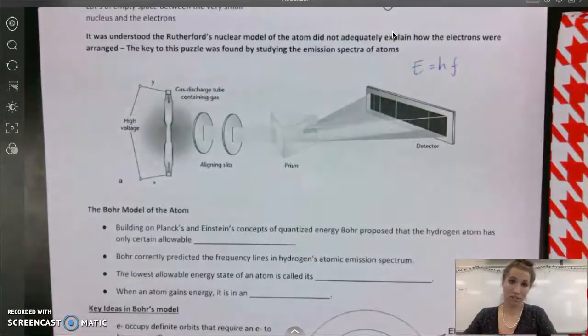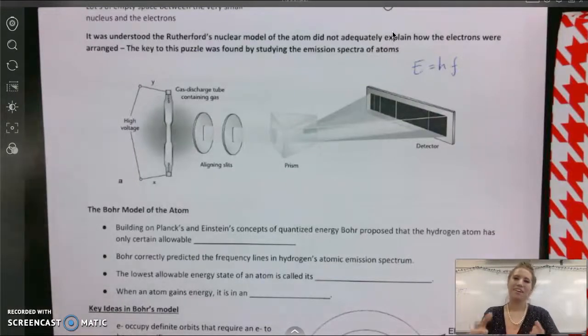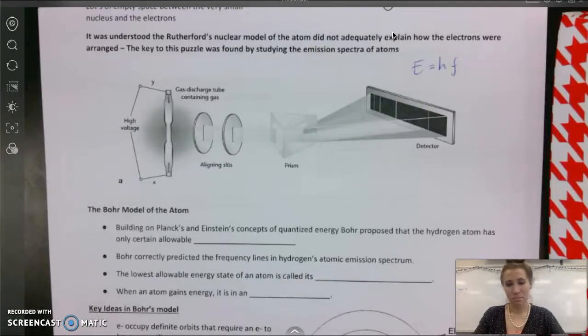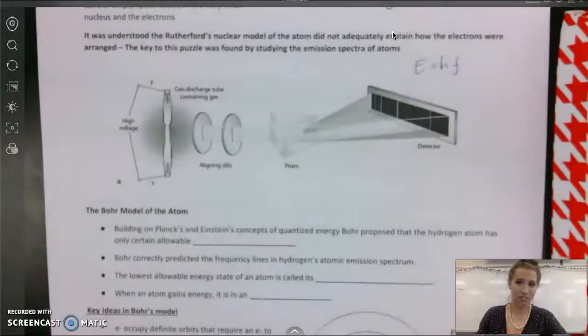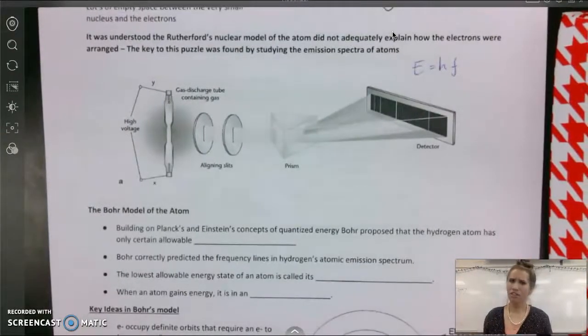And when we do that, something really unique would happen. I think we call them spectral tubes now. Anyways, we would get certain colors of light being emitted depending on the element. It almost seemed like the color of light being emitted was unique to the element of the gas.